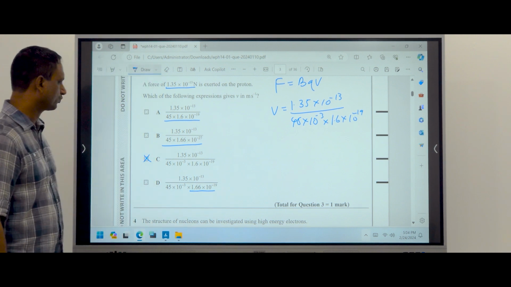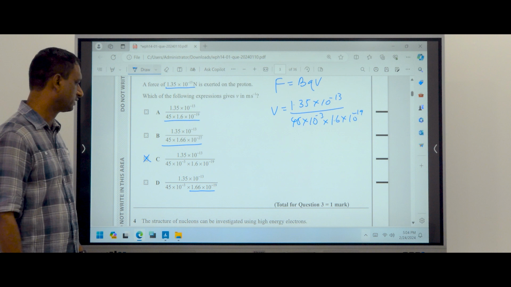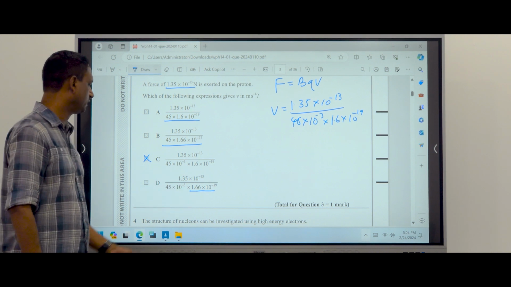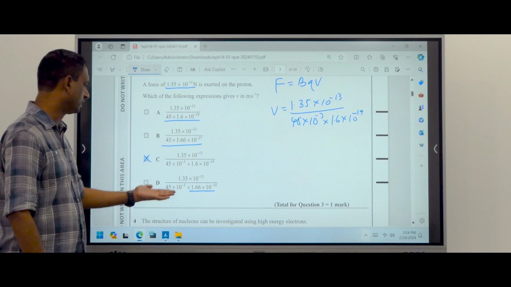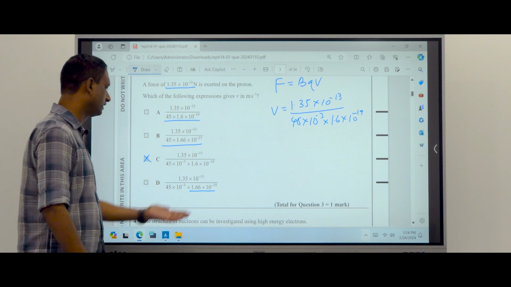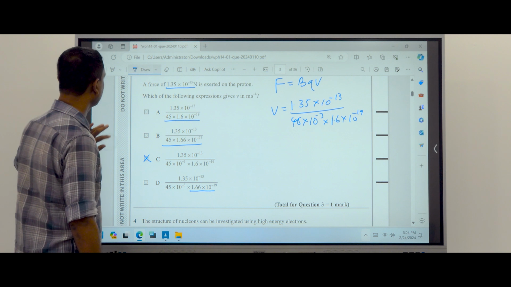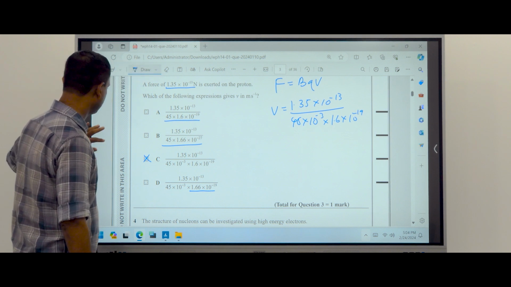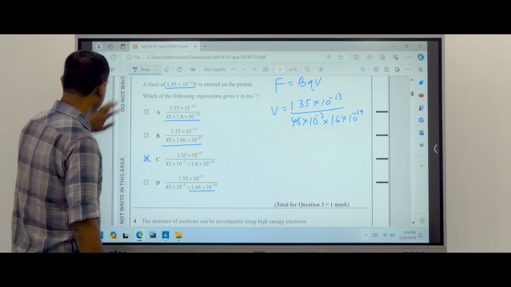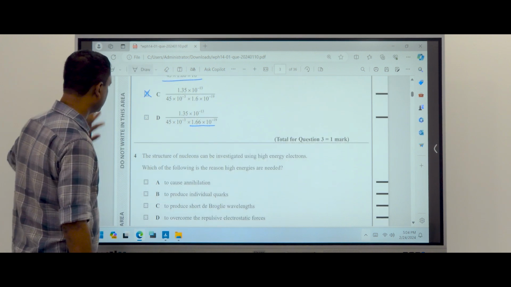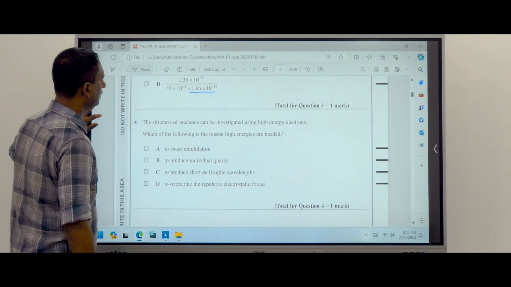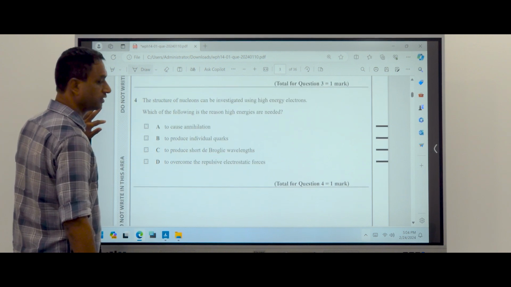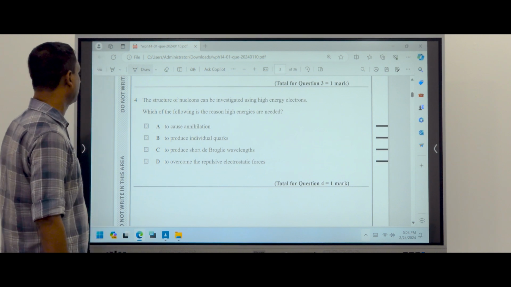If the student can't find the charge of proton in the data sheet, then 1 mark. Most students actually memorize the charge of proton. Memorize means after doing many questions they know.